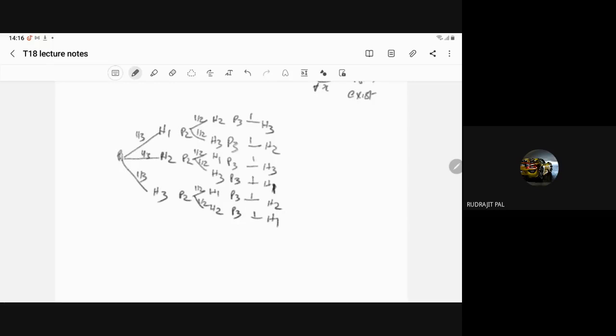It means if we have person 1, person 2, person 3, what can be the sets? H1, H2, H3. From here we have H1, H3, H2.